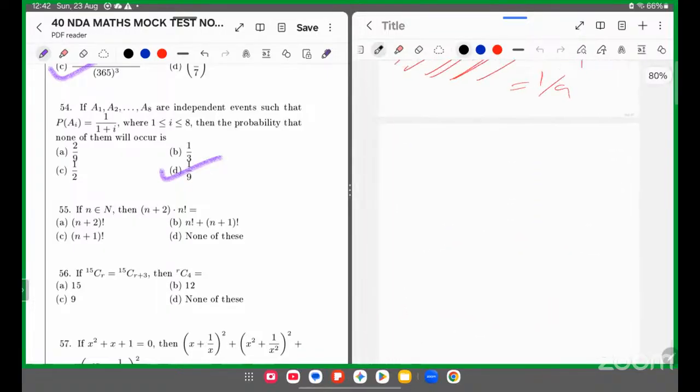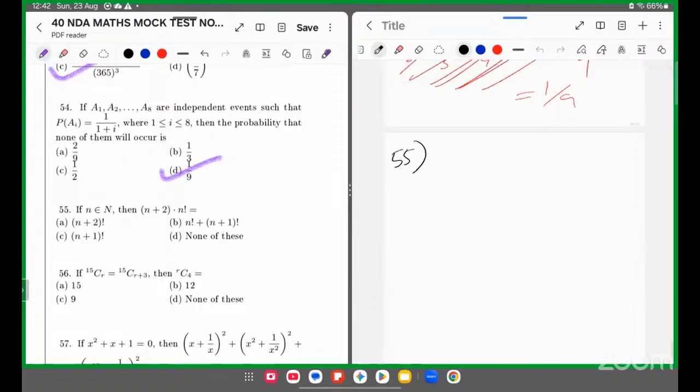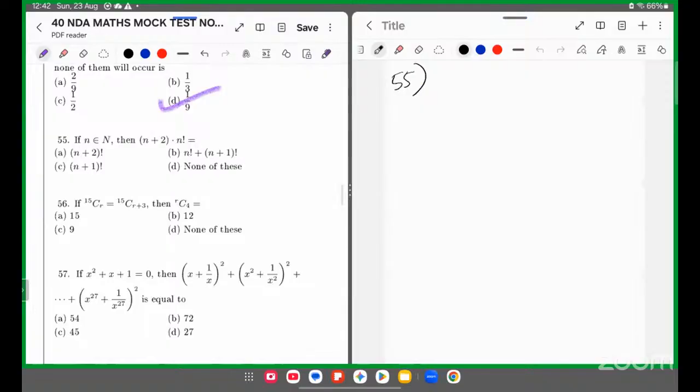Then question number 55: n plus 2 into n factorial.